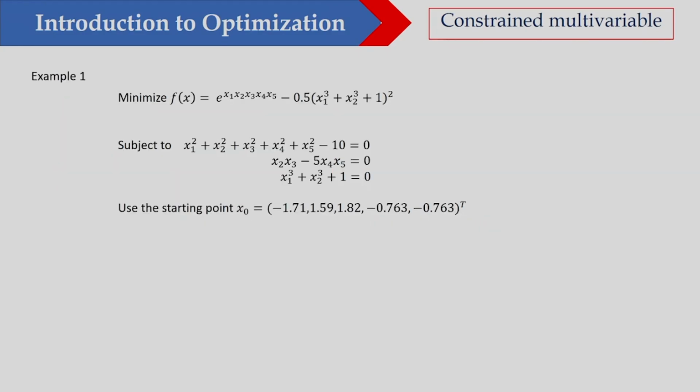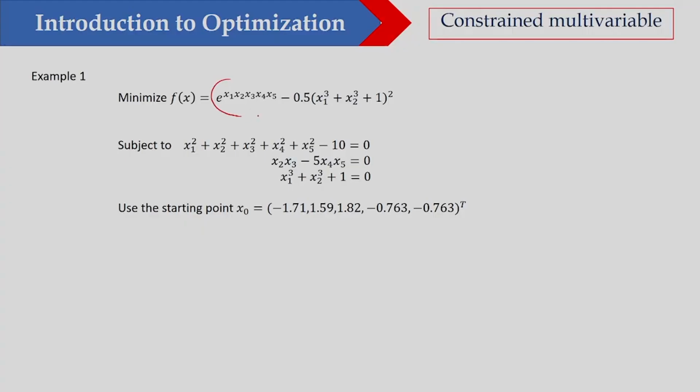Now, let us see, I would like to solve this particular problem using the fmincon function. So, here we have the objective function: e to the power x1 x2 x3 x4 x5 minus 0.5 times (x1 cube plus x2 cube plus 1) whole square. Okay.